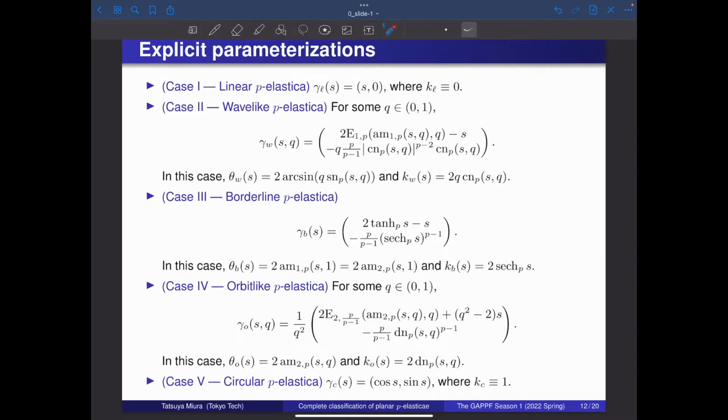Anyway, I won't enter the details of the definitions, but I would like to remark that if p is equal to 2, then all the notions coincide with the classical ones. By this fact, we can easily see that our formulae quite directly extend the classical results. Just taking p equal to 2, we can recover all the explicit parameterizations for classical elastica in the plane.